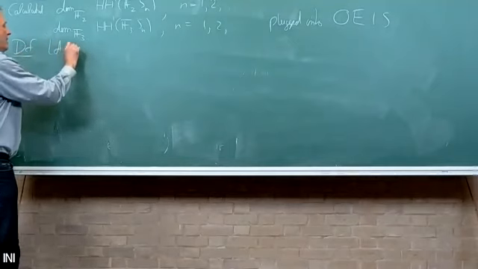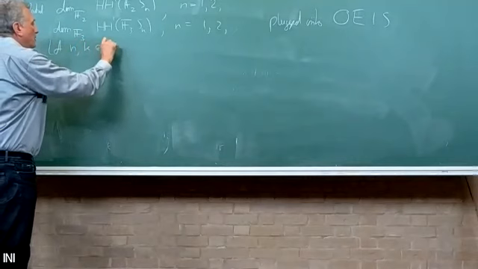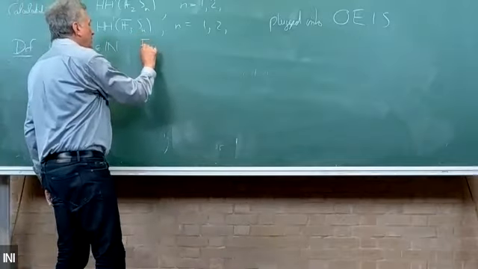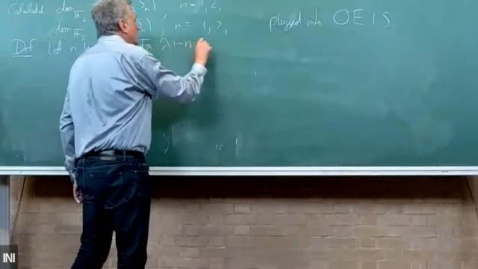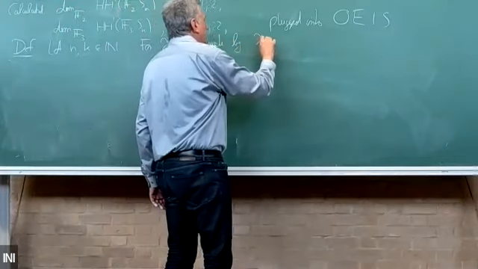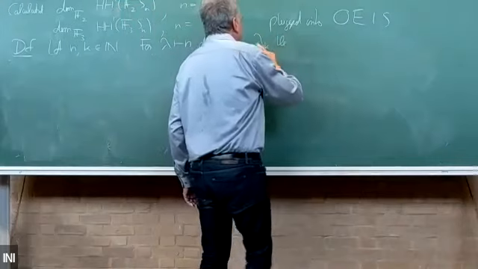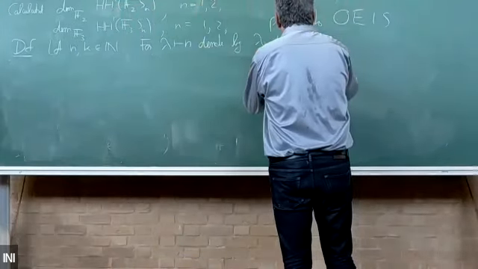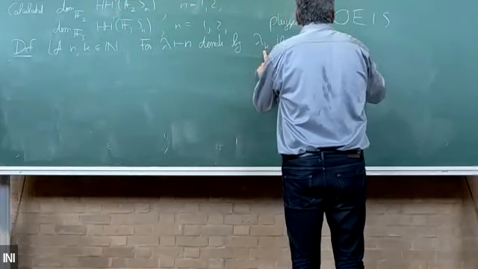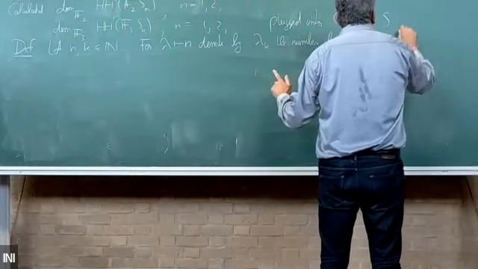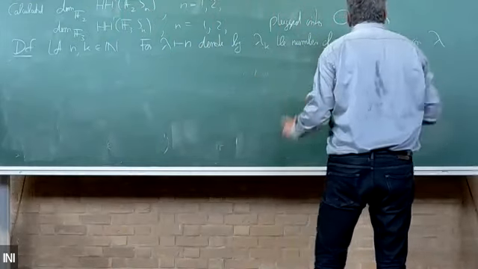So let's take n and k positive integers, and if we take a partition lambda, denote by lambda sub k the number of parts of length k in the partition. So lambda sub k is not the length of the partition lambda.